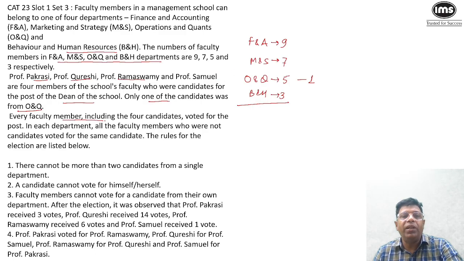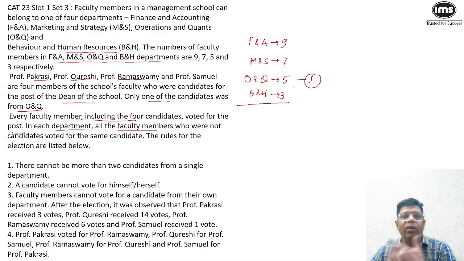Every faculty member, including the 4 candidates, voted for the post. So I think all the 24 faculty members voted. Whether you are contesting the election or not, everyone voted. In each department, all the faculty members who were not candidates voted for the same candidate. That's an interesting point. It means, like from O&Q, one of the faculty is contesting the election.